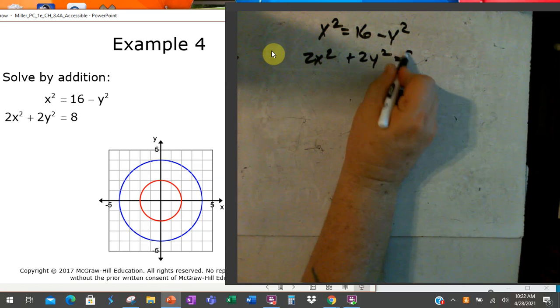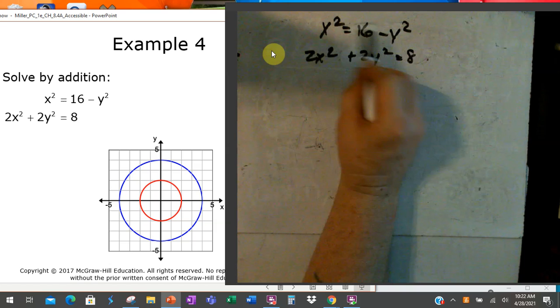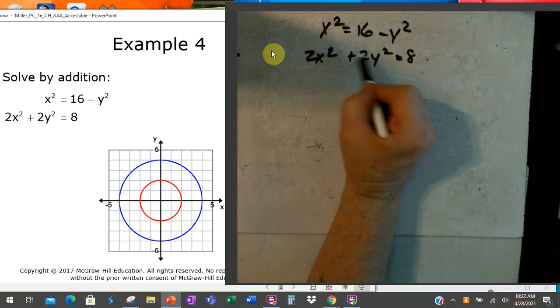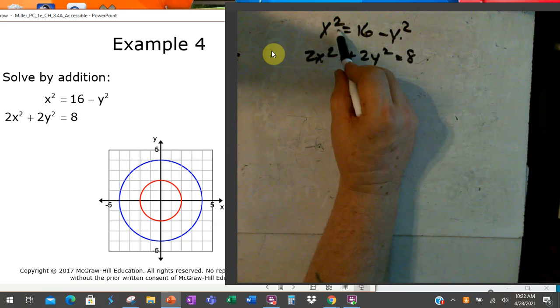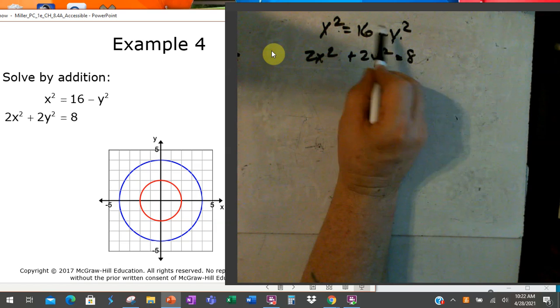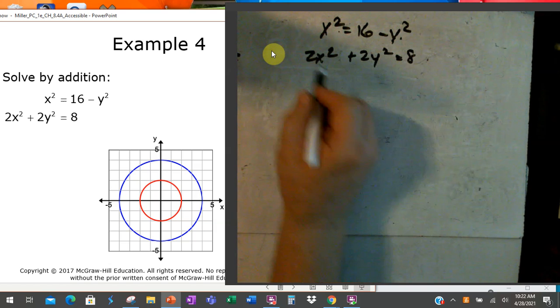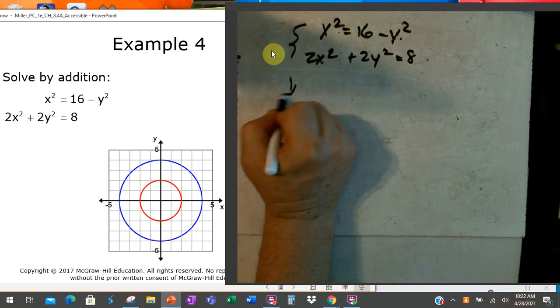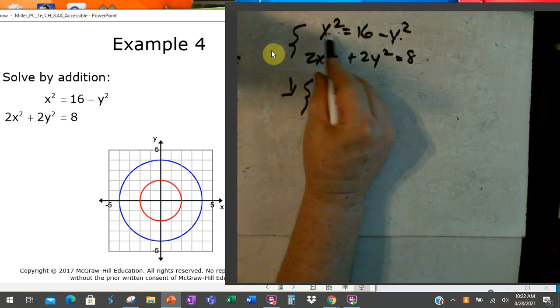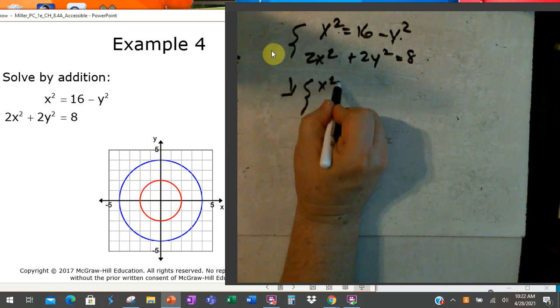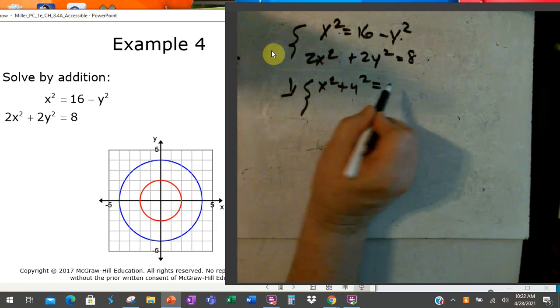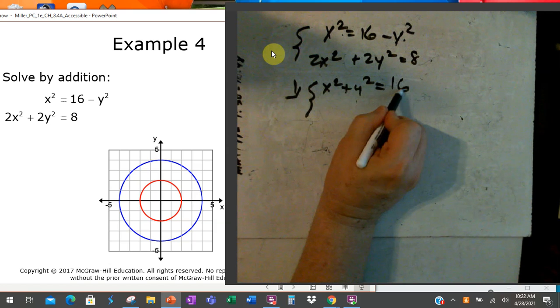This is what I'm starting out with, is 8. Here I've got an x squared and a y squared across here. Here I've got them on both sides. So let's bring this thing over on the same side. So x squared plus y squared is equal to 16, right, plus y squared.